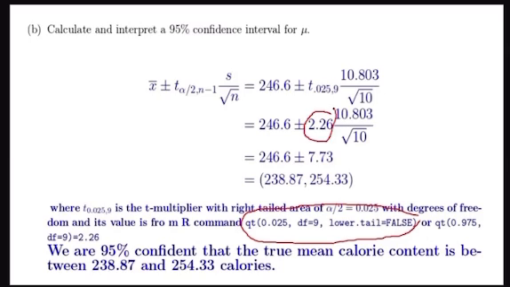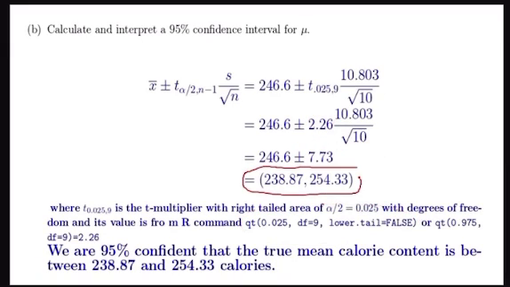So 2.26 is what the code is going to give you. By the time you multiply by the standard error, you're going to have 7.73, this margin of error. And at the end of the day, by the time you subtract the margin of error from the mean and add it to the mean, that is going to be the confidence interval.